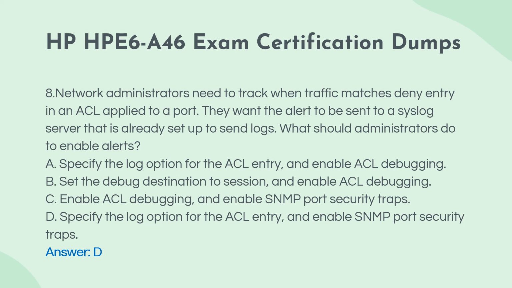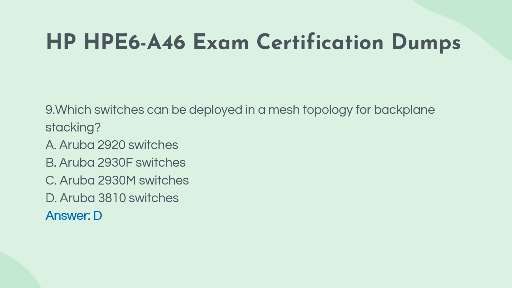C. Enable ACL debugging, and enable SNMP port security traps. D. Specify the log option for the ACL entry, and enable SNMP port security traps. Answer D. 9. Which switches can be deployed in a mesh topology for backplane stacking?